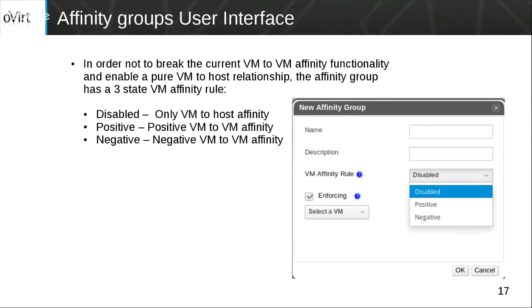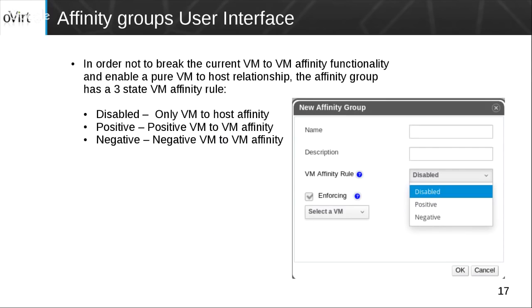So, affinity group in the user interface. Currently, in our system, we have only via the user interface a way to define VM to VM affinity. But in order to keep backward compatibility, we changed the VM affinity rule. Now we have a three state VM affinity rule, positive and negative as it used to be before, but we added the disabled option.